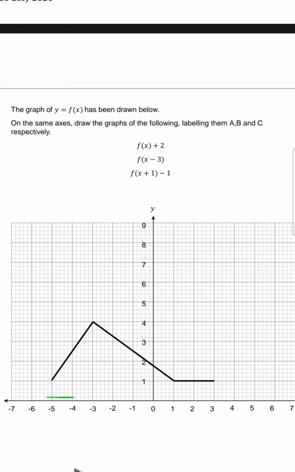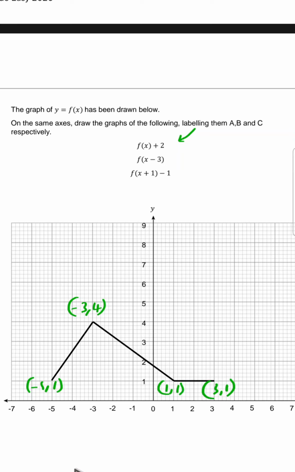Okay, the first thing we want to do is write out the coordinates for this. So this is -5, 1. This one is -3, 4. This one is 1, 1. And this one is 3, 1. So the first one is outside.